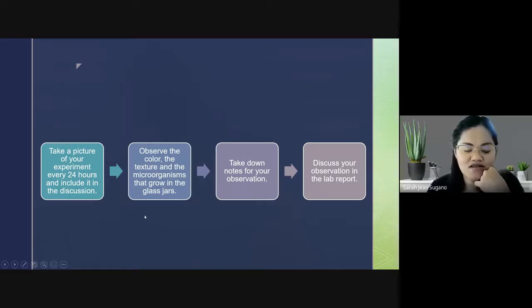Okay, then observe the color, the texture, and the microorganisms that grow in the glass jars. Okay, the color of the microorganisms that are starting to grow in that particular day. And then, how about the other day? Ano bang nangyari sa rice? So, take down notes for your observation. These observations are to be discussed in your lab report.